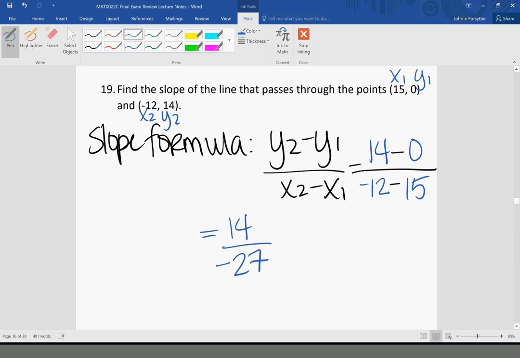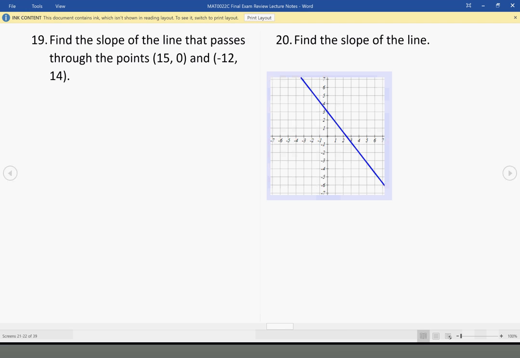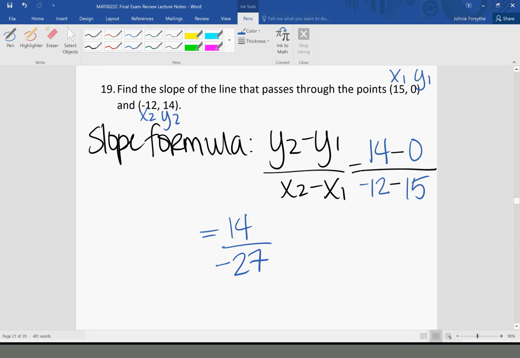And then you cannot reduce this further because 14 and 27 don't have a common factor. So your answer is just negative 14 over 27. That is the slope of the line.